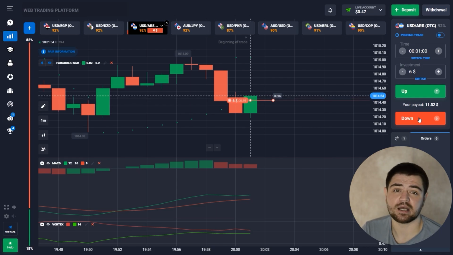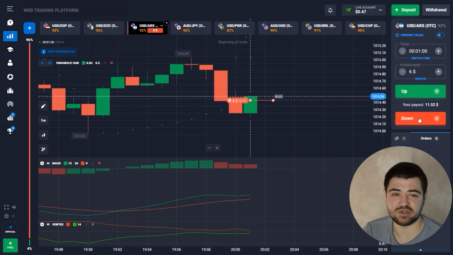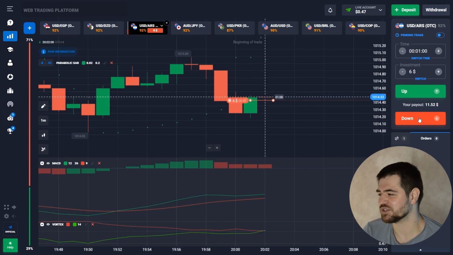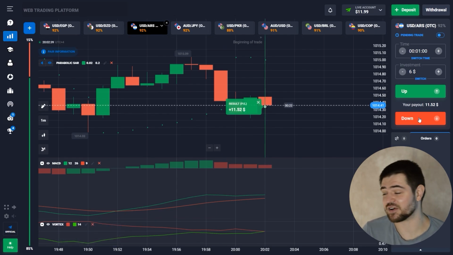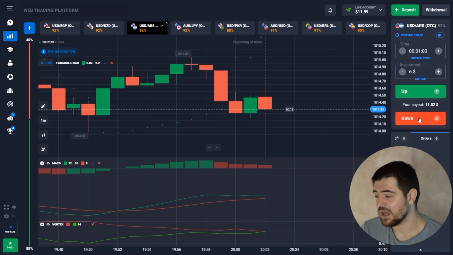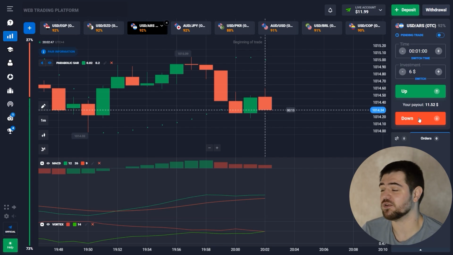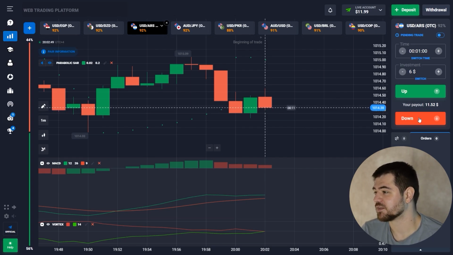Globally, there's a downtrend, so we're just going to use that, and let's wait for the result. Here is our next profit, $11, and we are going to move on with our trading.